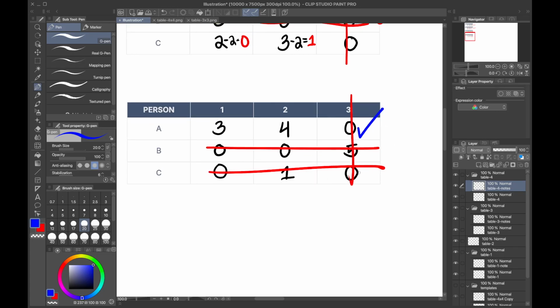That means that this option here for person C is not available anymore because C cannot take project 3 because person A has already gotten it. So C is now left with nothing but project 1. So let's say he takes that.